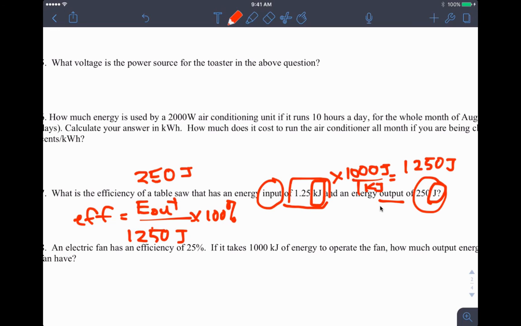So 250 divided by 1250 is going to give me 20%. Well, actually, it'll give me 0.2, but then you times that by 100, and you end up with 20%. Okay, 20% efficient.